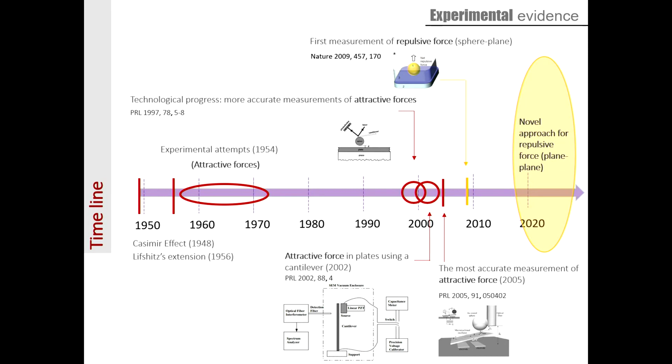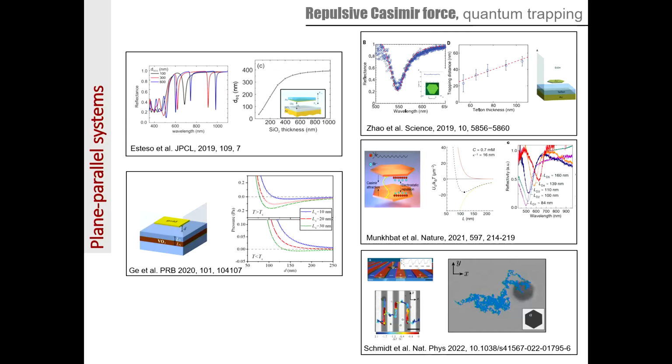Then, in the last years, there's been a novel approach for measuring the repulsive force in the plane-plane geometry. This has an additional interest, which is that between plates, this force is more intense than between a sphere and a plate.